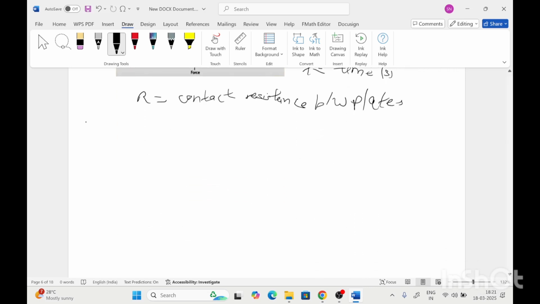There are different variants of resistance welding.